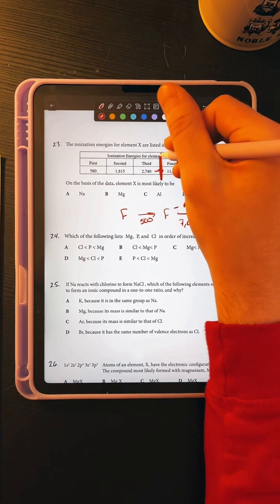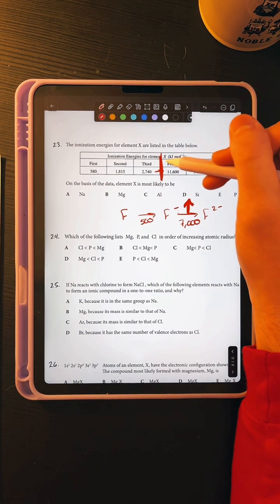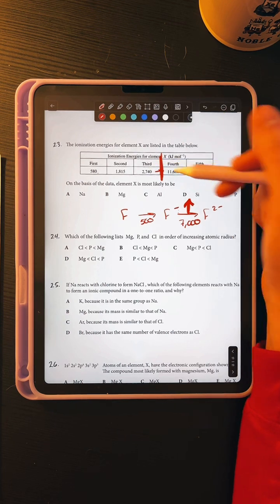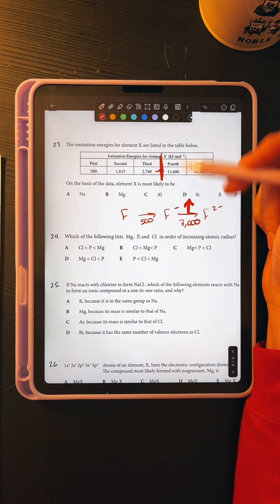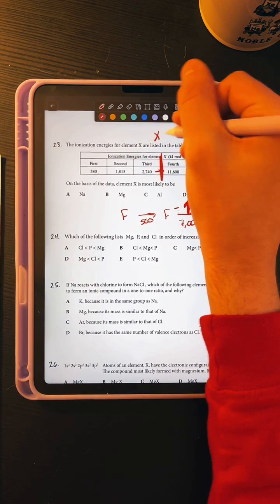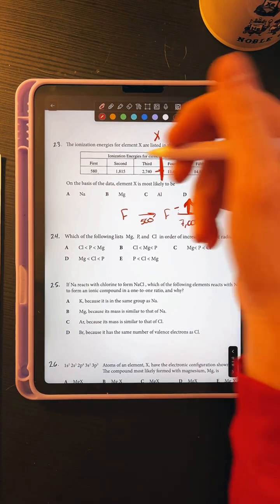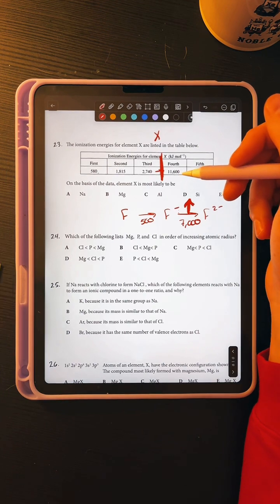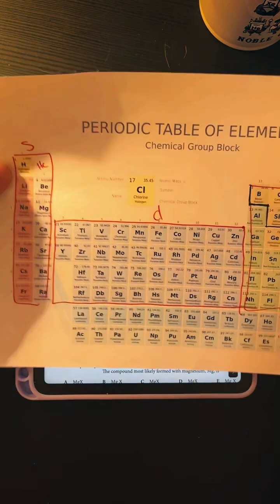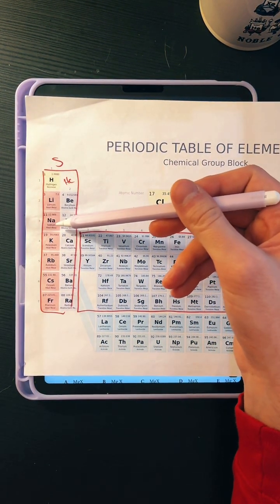And so this is where our element X is happy. It likes to only gain or lose 3 electrons. So looking at this, our element X will either gain or lose 3 electrons. It will only ionize 3 times. And what we're going to do is find an element that likes to gain or lose 3 electrons. So sodium was one of these things.